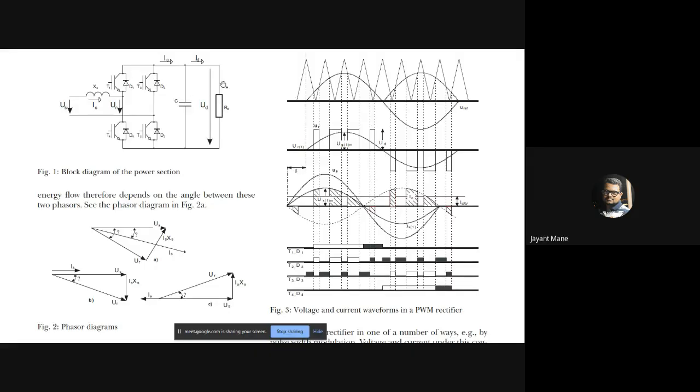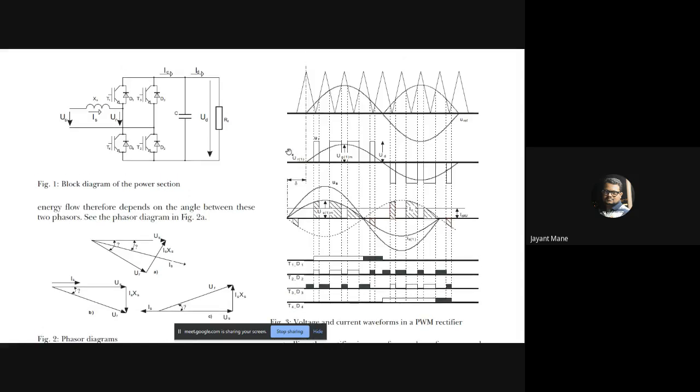Some types of loads can supply energy to the source, not all loads. That means bidirectional energy flow is possible. So we can have energy flow from load to source or source to load. And we can even control the flow of energy by controlling the pulse width modulation.